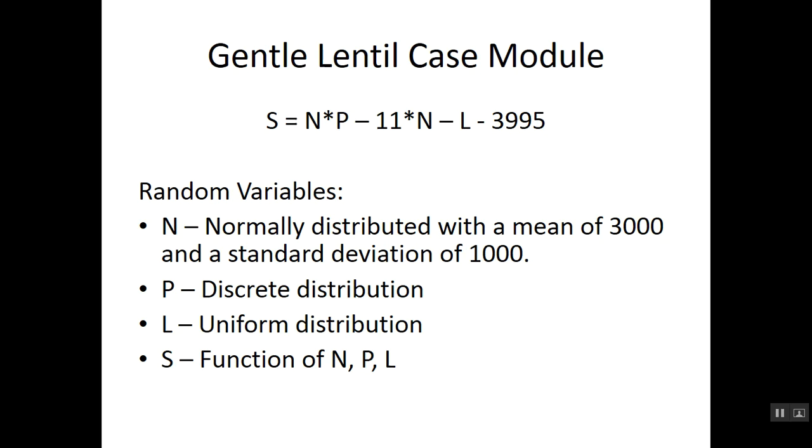Now we need to know where each of these pieces of information is going to come from. So if we take a look at each of those variables, the N represents the number of meals. And Sanjay told us that based on his research, he expects the number of meals to be normally distributed with a mean of 3,000 and a standard deviation of 1,000. So that's going to be something that we simulate. P is the price per meal.